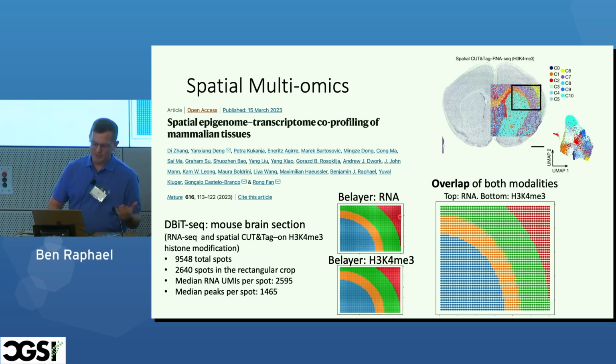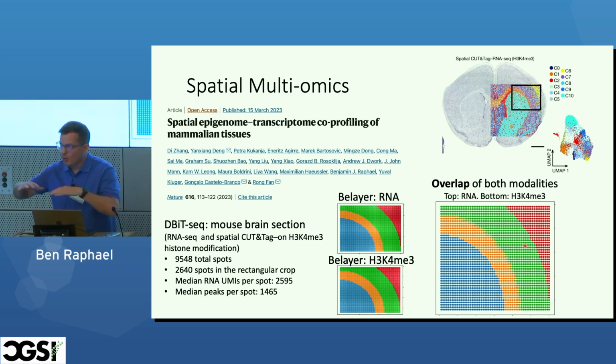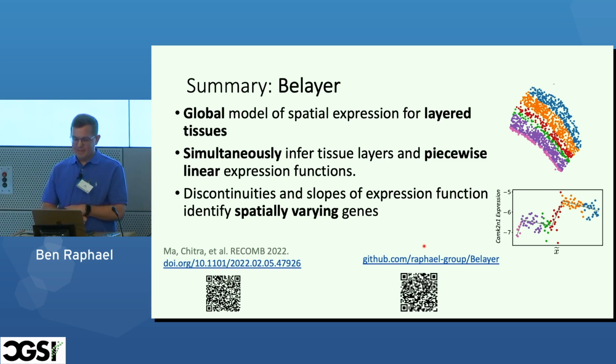And he said, wow, this is incredible. Can you analyze our data? And we do. We can pick out these layers quite beautifully from RNA and, in this case, from the epigenetic mark histone 3 K4 methylation. And if you overlay them in the multi-omics, the layers are quite concordant between these two modalities, which is quite nice.